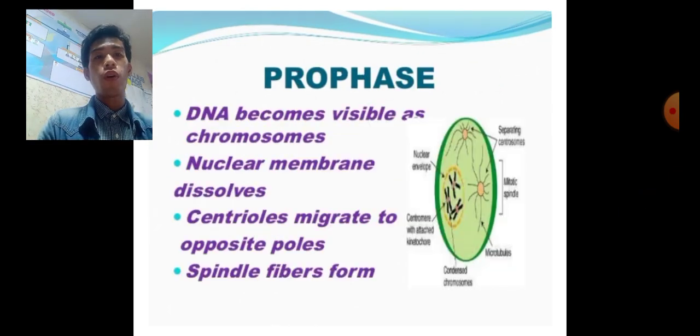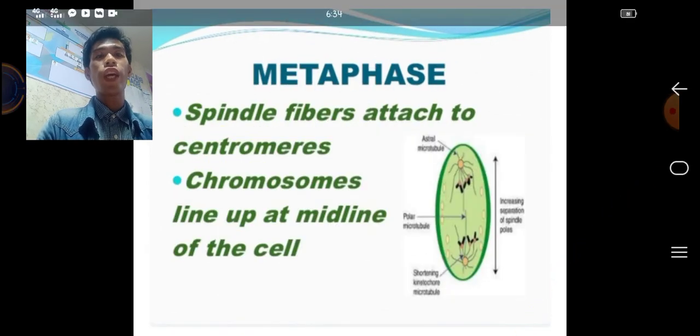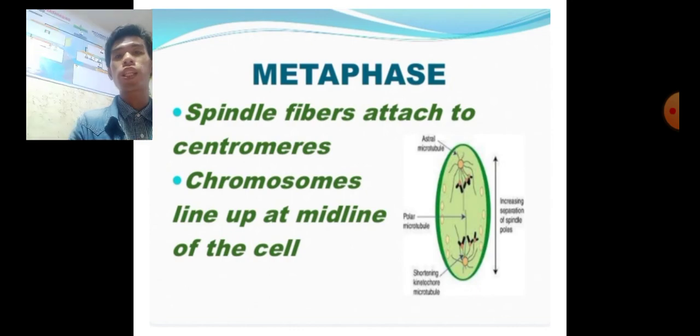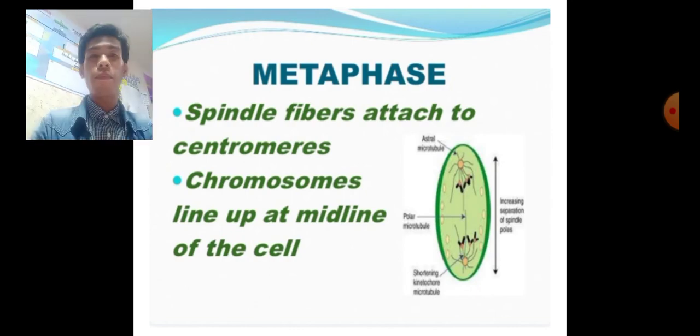Next we have the metaphase. The spindle fibers attach to the centromeres, then the chromosomes line up at the midline of the cell. They have specific parts that attach to the centromeres.